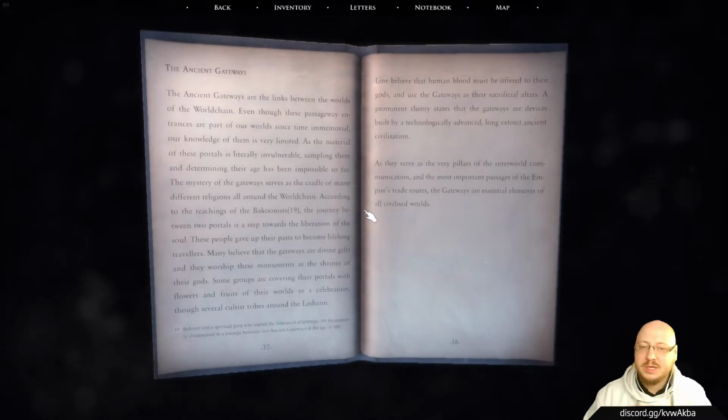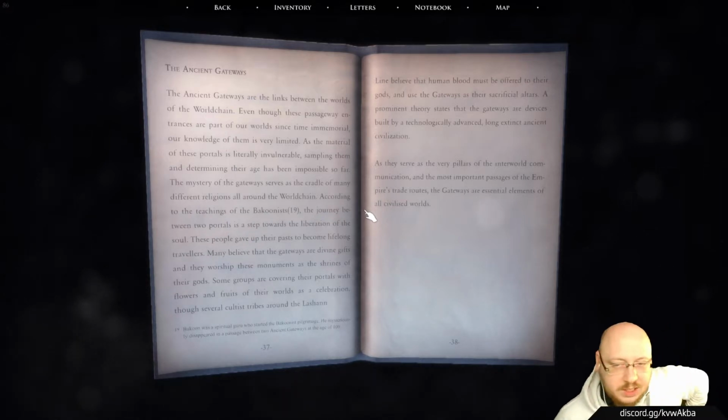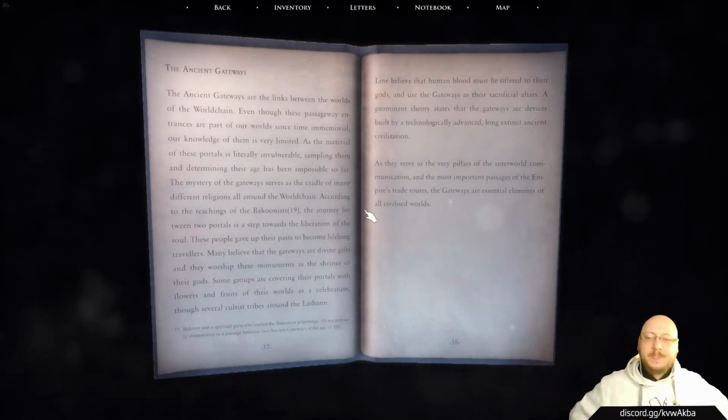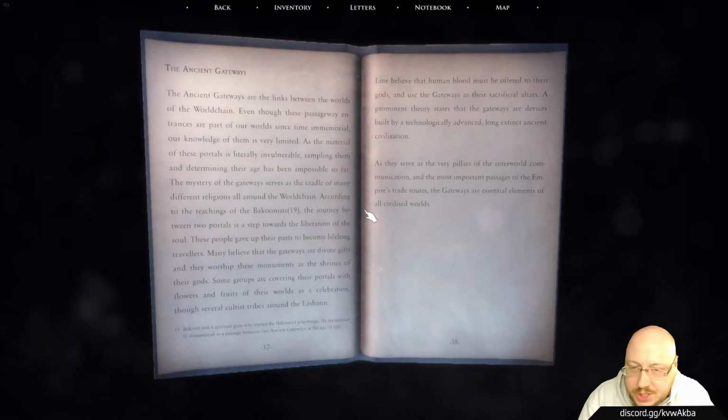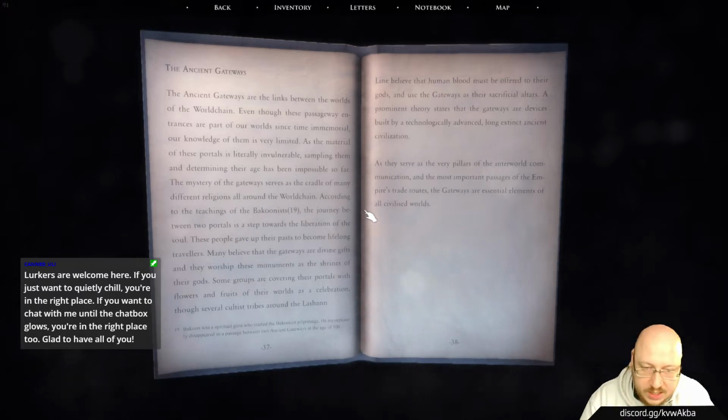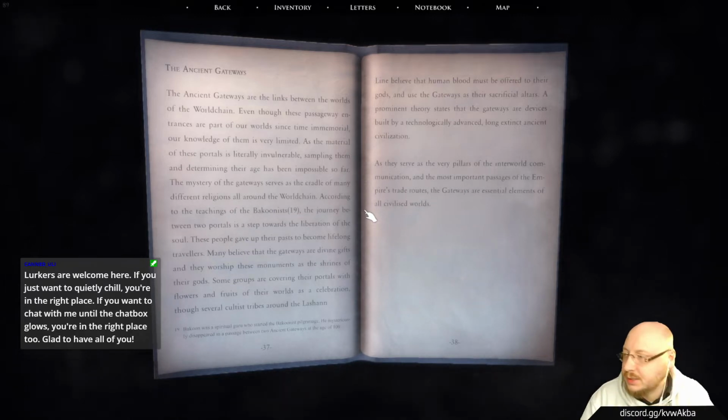The mystery of the gateways serves as the cradle of many different religions around the world chain. According to the teachings of the Bakunists, Bakun was a spiritual guru who started the Bakunist pilgrimage. He mysteriously disappeared in a passage between two ancient gateways at the age of 109.